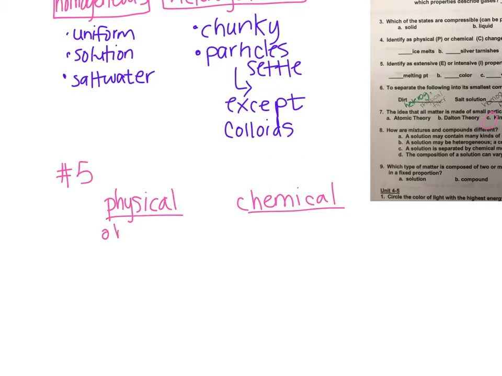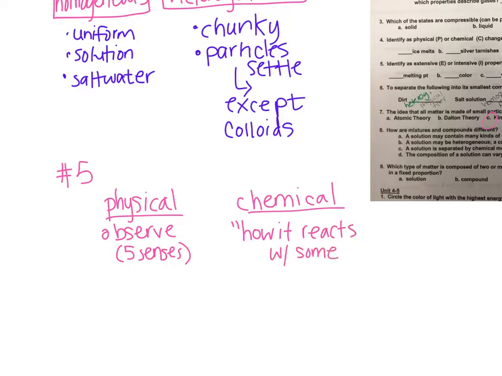Physical are things that you can observe, and when I say observe, I mean with your 5 senses. So it doesn't always necessarily mean by sight. A chemical property is a part of that thing that you're talking about, but the question I told you to ask yourself is how it reacts with something. So me saying something is flammable, that's talking about chemical property.